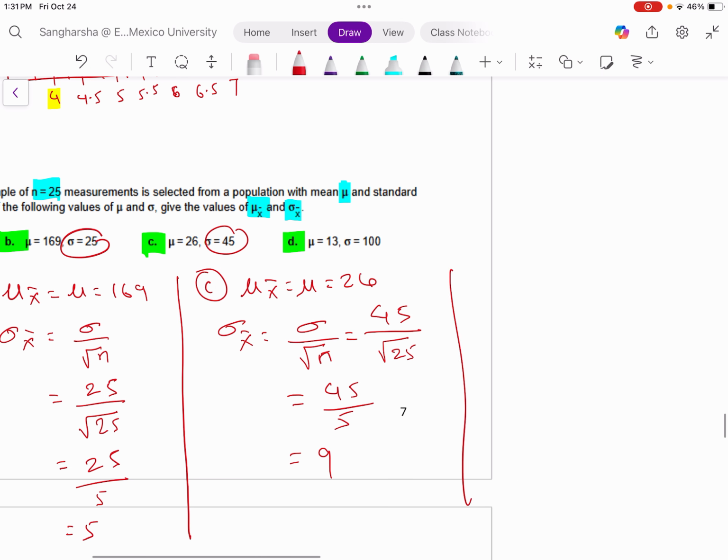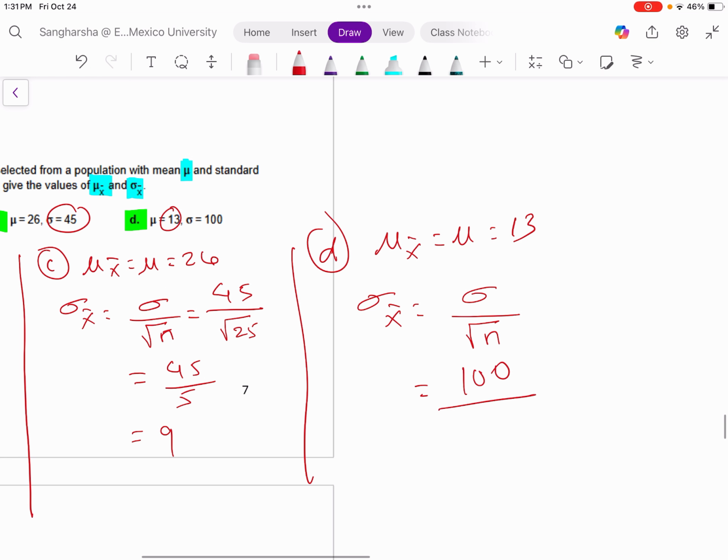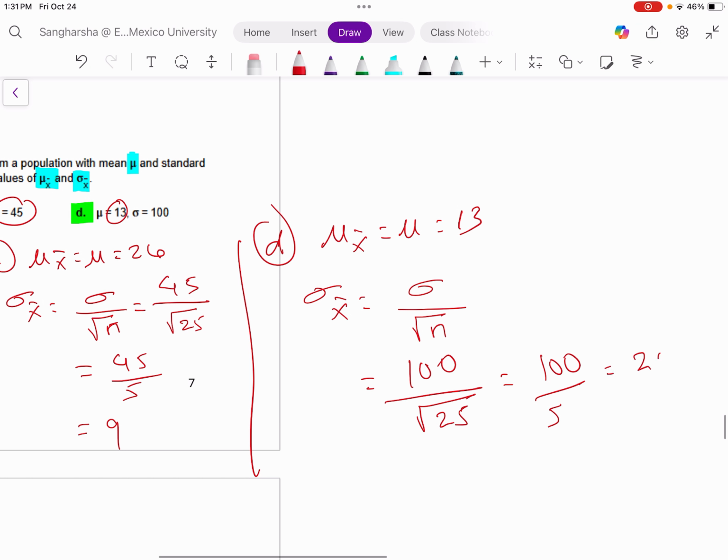For D, mu of x bar equals mu, which is 13, and sigma of x bar is sigma divided by square root of n. Sigma is 100 divided by square root of 25, which is 5, so 20 is the sigma of x bar.